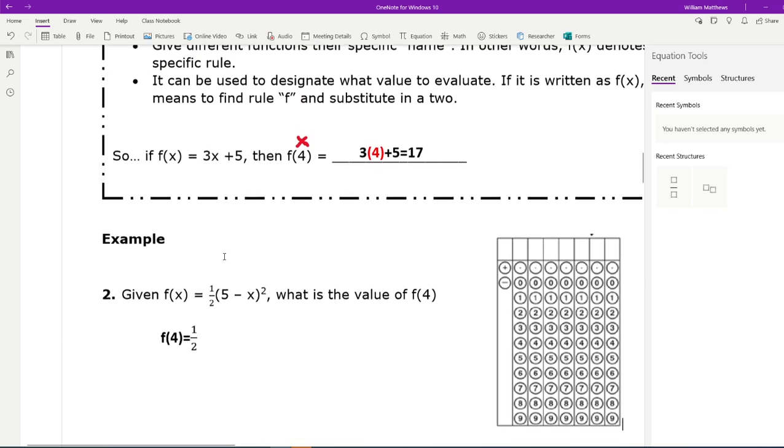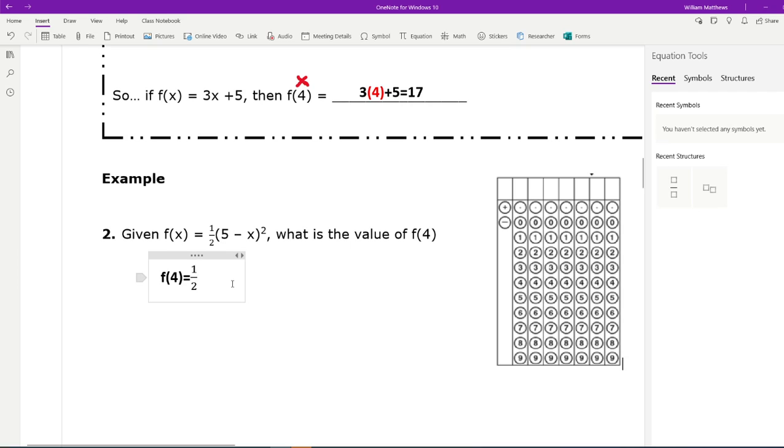Did not mean to jump all the way down. There we go. Five minus our 4 value. Notice that this says negative x, and instead of writing a positive 4, we have the negative 4. We want our superscript of squared. So we just rewrite it where our x value is replaced with the 4. Now we can do the math.